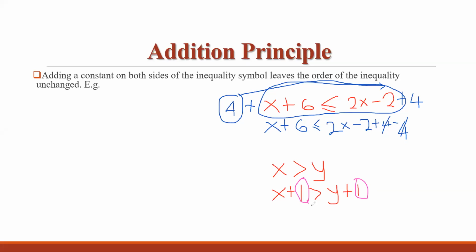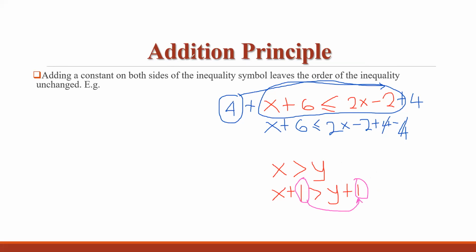It means if this one crosses the inequality sign, that side is going to get a negative sign, so these ones are going to cancel, and in the end it remains with x greater than what? Greater than y. So that is the addition principle.